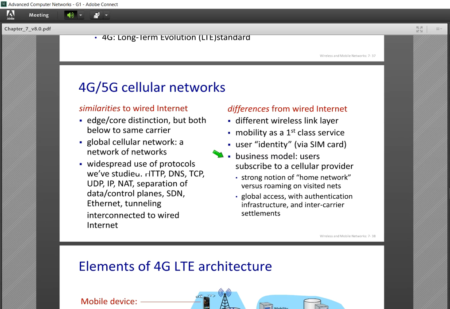I need an authentication infrastructure. How can the telecommunication company know that I am using, for example, the internet service over the network? They should authenticate me first. Again, I'm moving across the country.